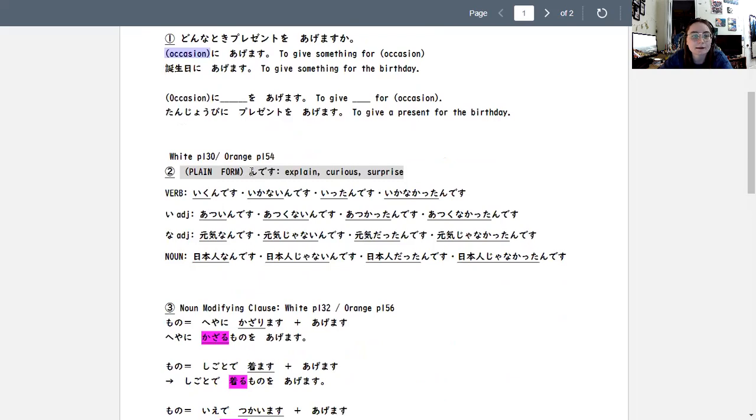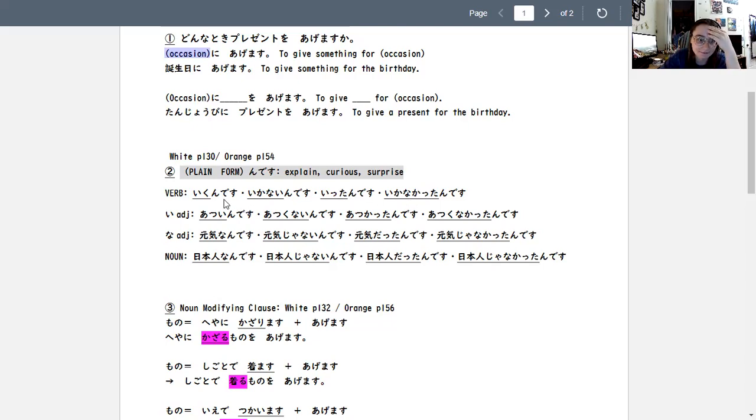Okay, and then we have the ndes, so something in plain form, which is used to explain something when you're curious about something or surprised. So these are the examples for verbs, adjectives, non-adjectives, and nouns. So this just has each of the different, positive non-past, negative non-past, positive past, negative past.